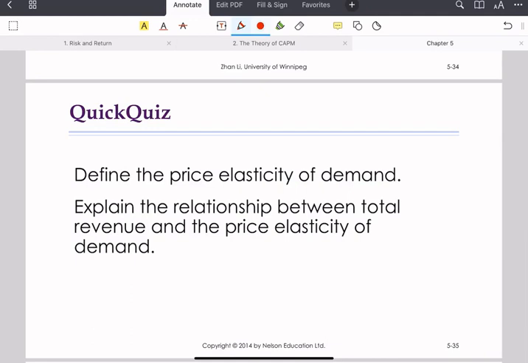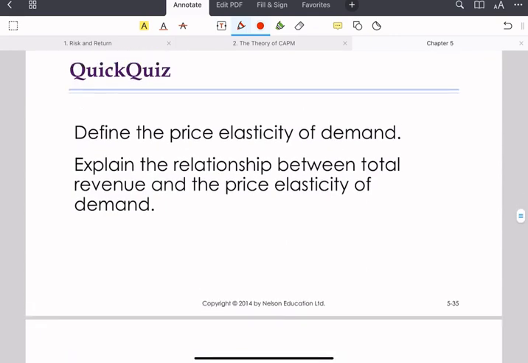This quick quiz is very simple. It says, define the price elasticity of demand. Well, this is easy. It's just the percentage change of quantity divided by the percentage change of price. Explain the relationship between total revenue and the price elasticity of demand. Well, we have learned about this, so let's review this result.